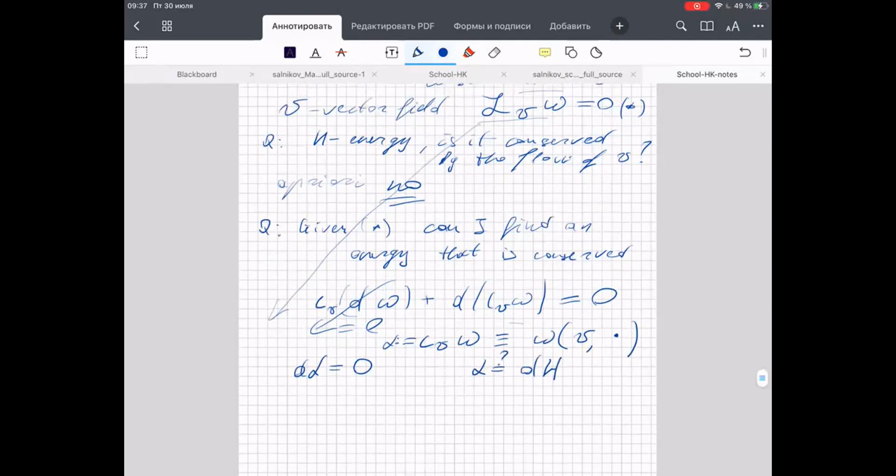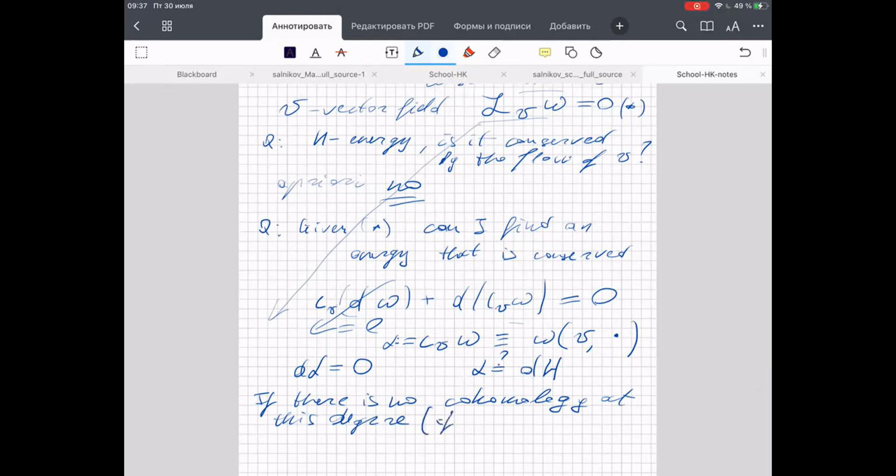And the answer to this is related to what people call cohomology. So if there is no cohomology at this degree, and for those who don't know what cohomology is, I'll just write it in words.